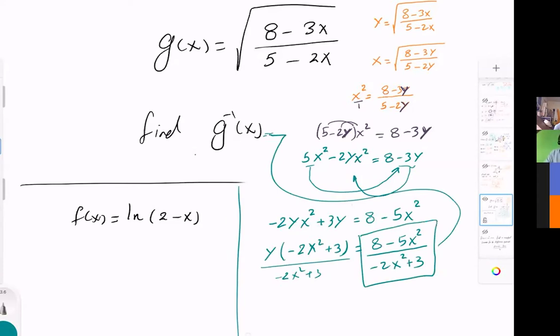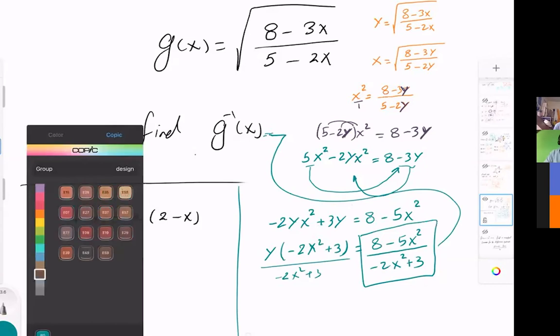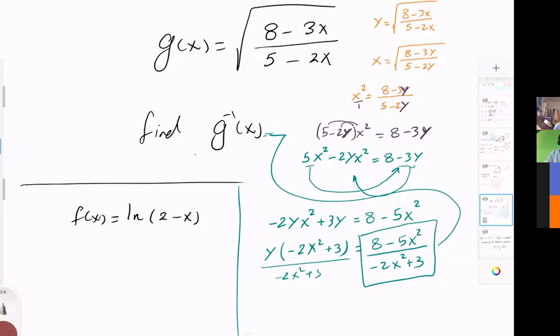For ln, if you're looking for f inverse of x, same, y equals ln of 2 minus x, step 1. Then I'm going to switch x and y.